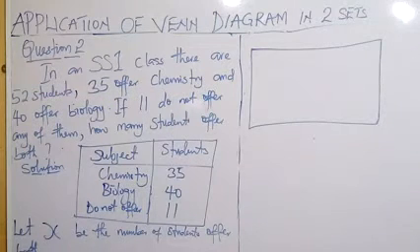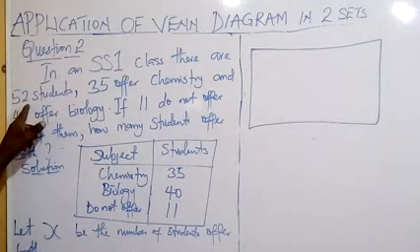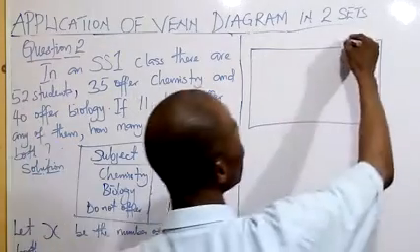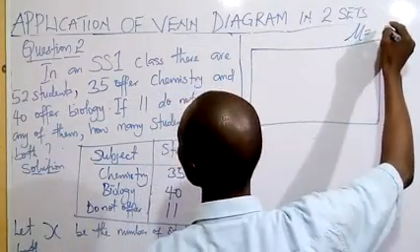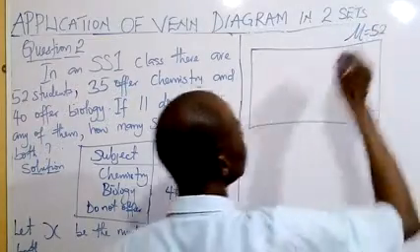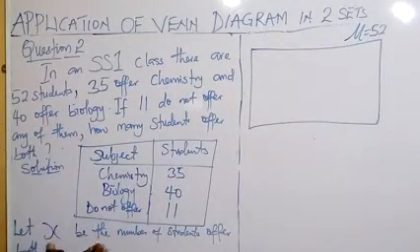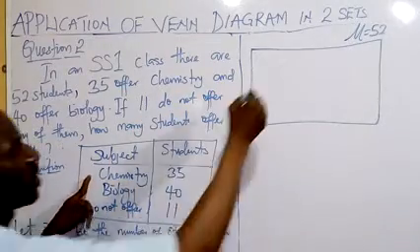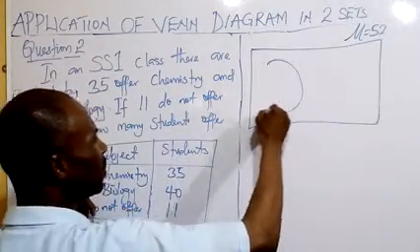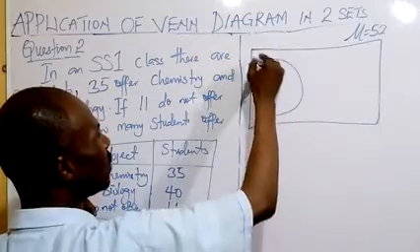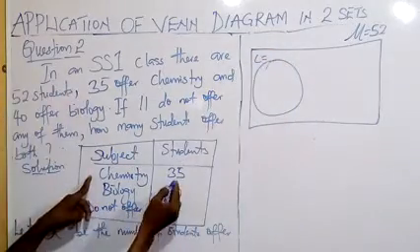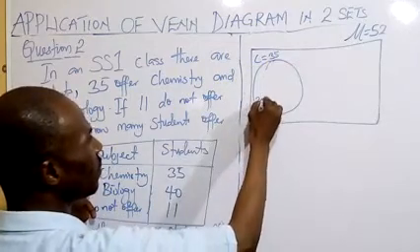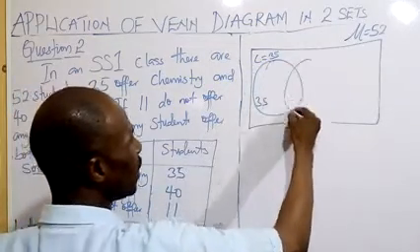So the total number of the students is what? 52. That is our universal set. So the universal set, that is the total, is 52 students. So let's start to represent each information in the Venn diagram. Chemistry, as a circle, we have 35 students.